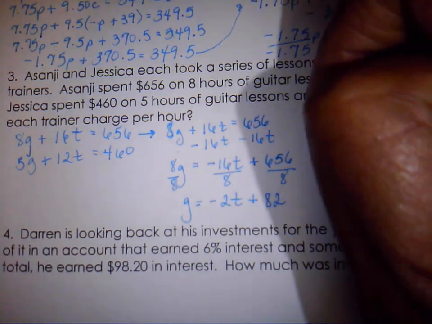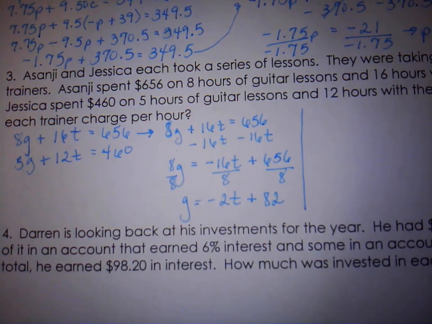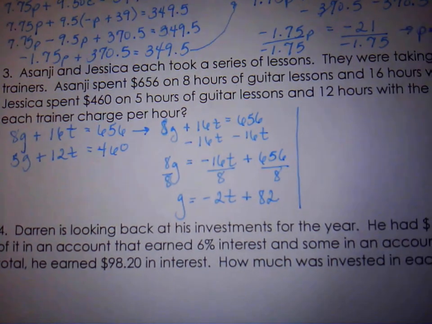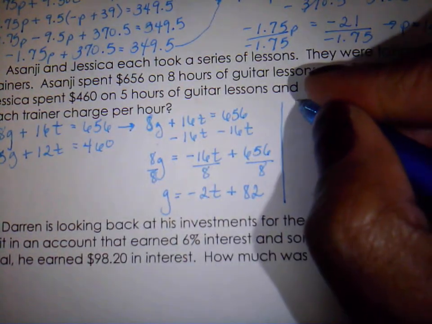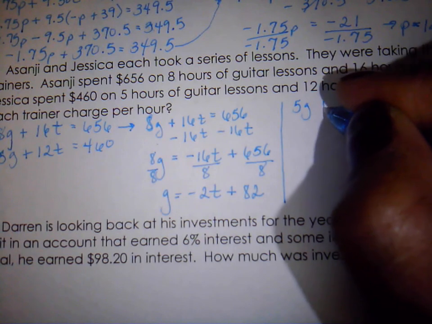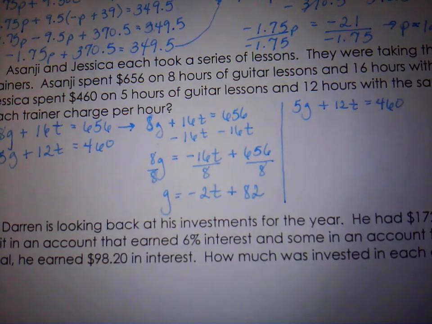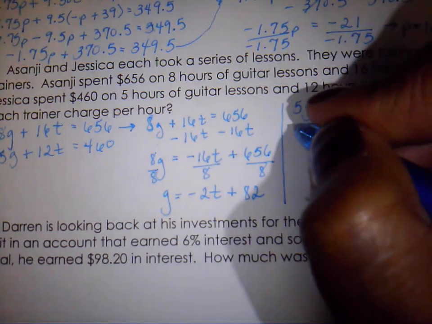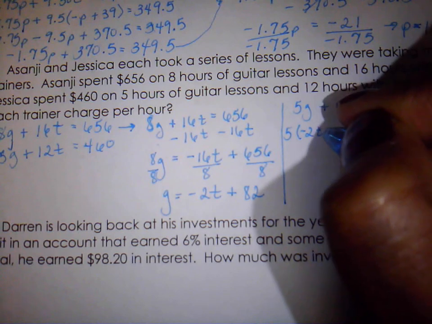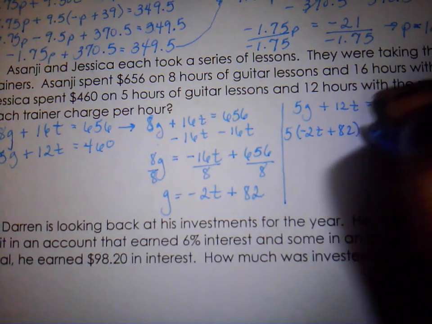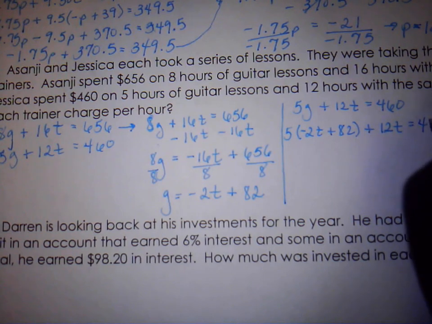So now in my second equation, everywhere I see a G, what am I going to do? Yeah, plug it in. Absolutely. So I'm going to rewrite my second equation here: 5G plus 12T equals 460. And now I'm going to have 5 times the quantity of negative 2T plus 82 plus 12T is equal to 460.